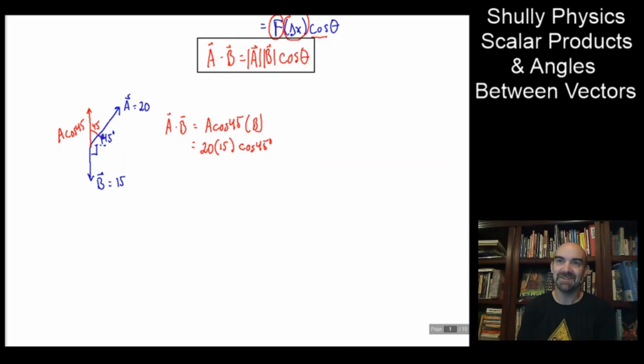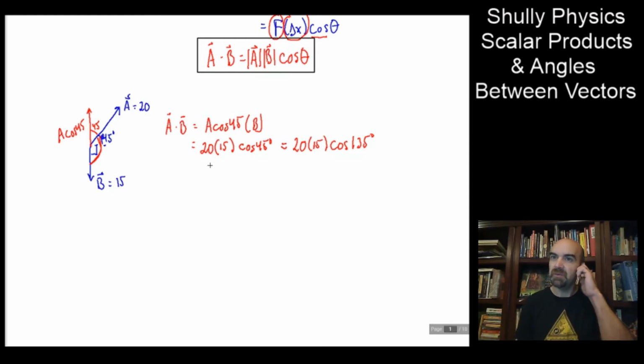So, just as easily, this angle can be used as well as 45 degrees. So that would be also equal to our definition up here. Take the magnitude of A times the magnitude of B times the cosine of the angle between them, just to show you that this rule works just fine.